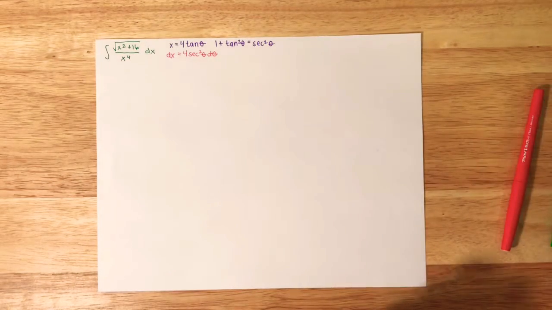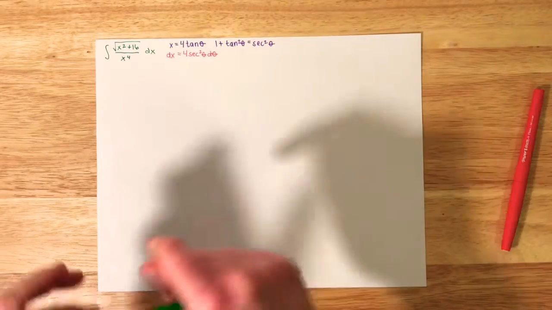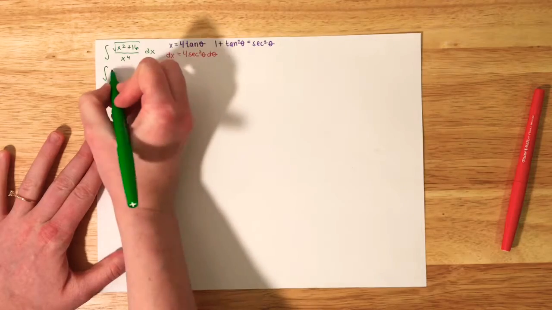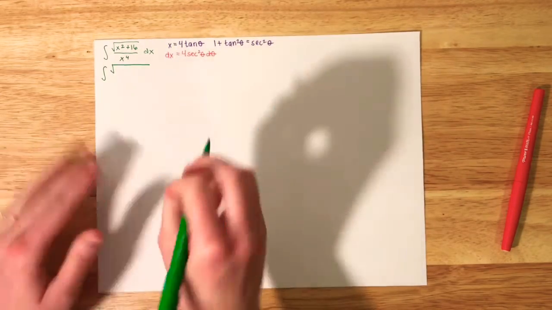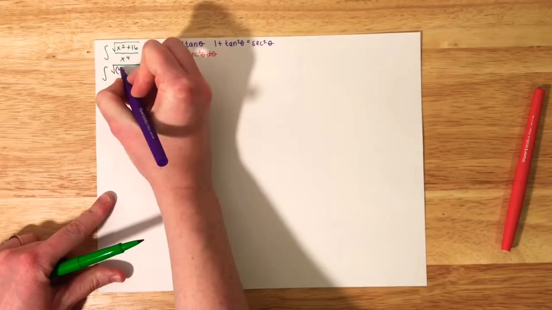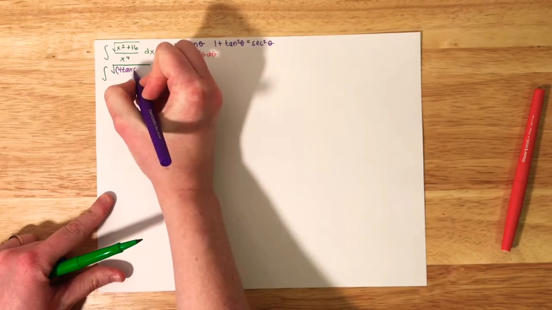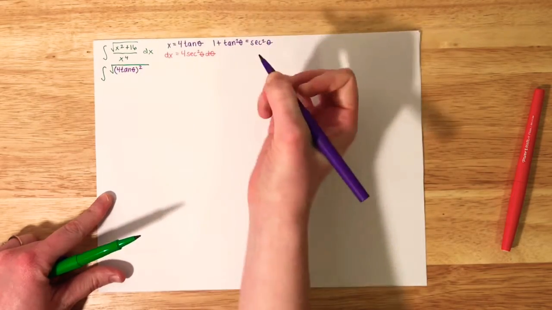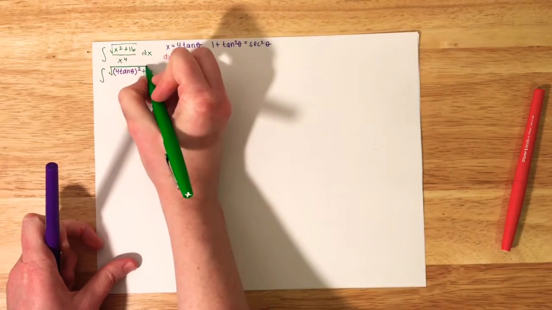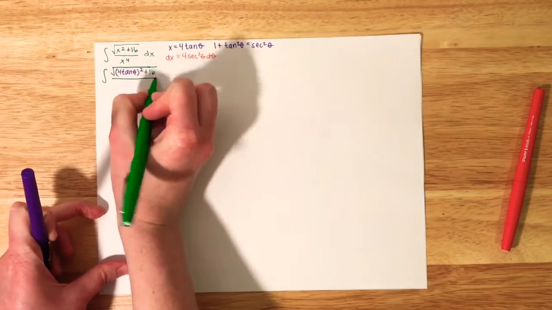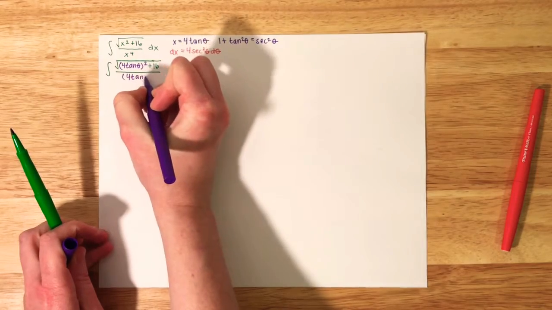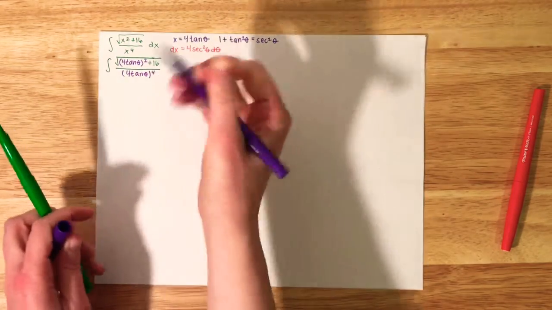So now let's make these substitutions. We have the indefinite integral of the square root of 4 tangent theta squared plus 16 all over 4 tangent theta to the fourth.